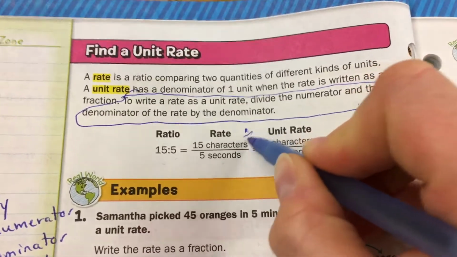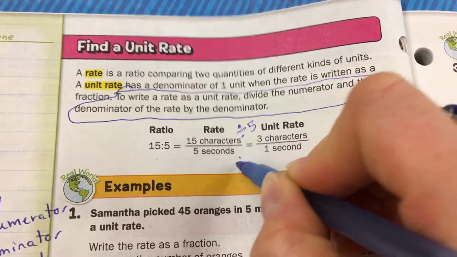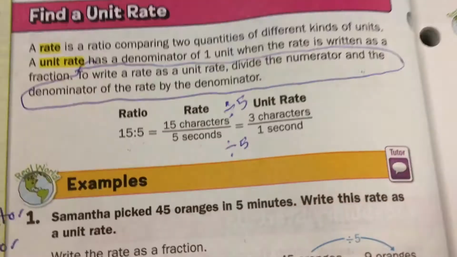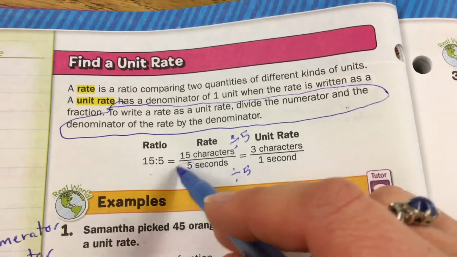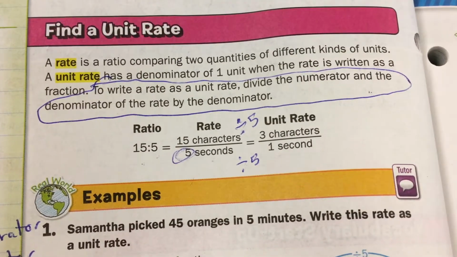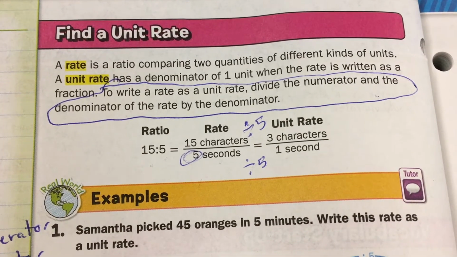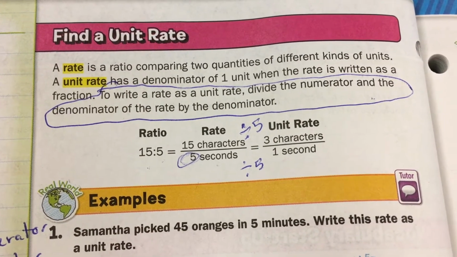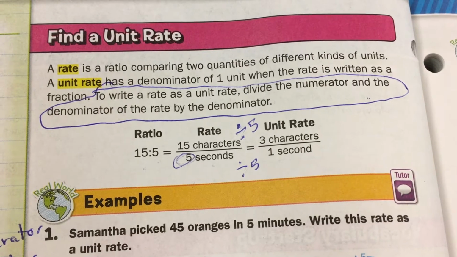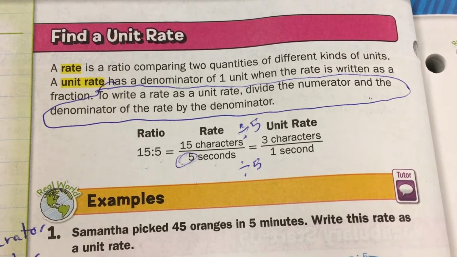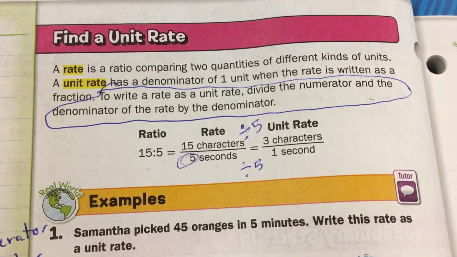So you might even want to put that in there, divided by 5, divided by 5. So you're dividing by that denominator. Now notice that the denominator is the greatest common factor. So just like what we learned with ratios, to simplify a fraction or a ratio written in fraction form, you divide by the greatest common factor.